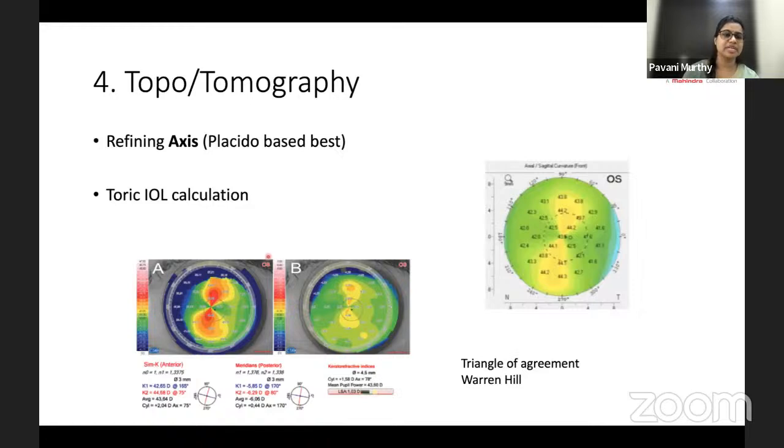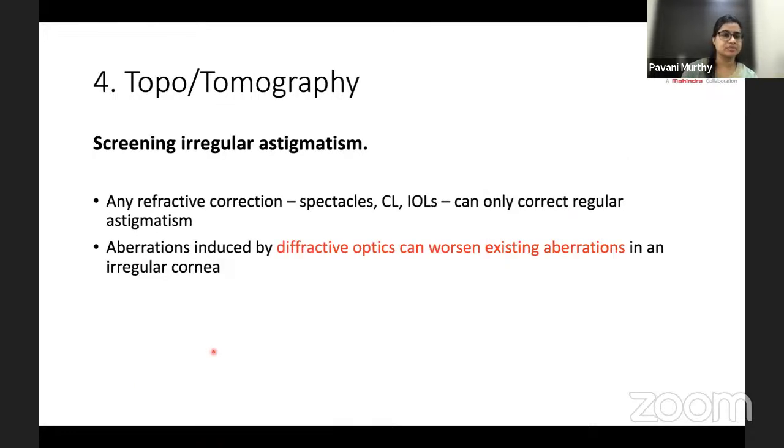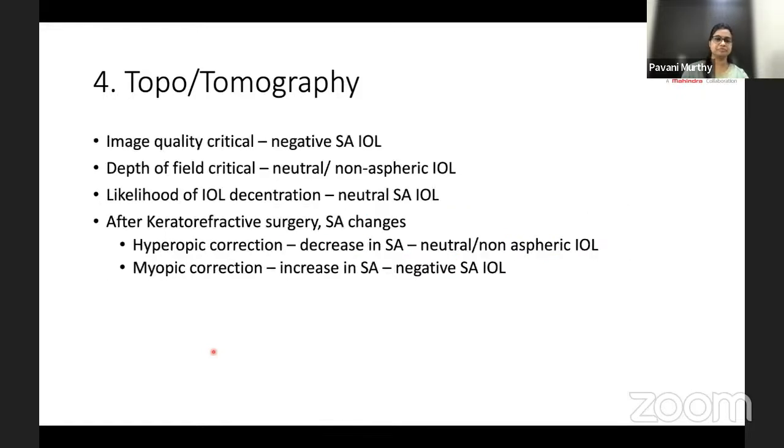It can be used for refining the axis since it is a Placido-based test, and can be used for toric IOL calculation. So it can be used for screening of irregular astigmatism. It is important to know that when you have irregular astigmatism, do not use diffractive optics, as these can worsen the aberrations which are produced because of the irregular cornea.